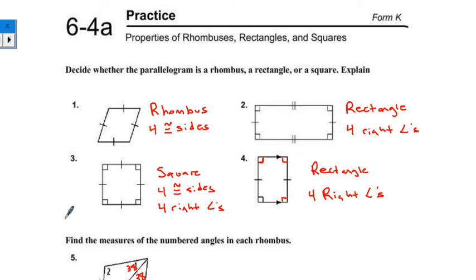We would then use the idea that every triangle adds up to 180, and we already know 2 of the angles, so 38 plus 38 would give you 76. 180 minus that 76, because every triangle adds up to 180, guys. It's going to leave you 104, which is going to go right here. And then opposite angles in a rhombus have to be congruent, so this angle would also have to be 104.